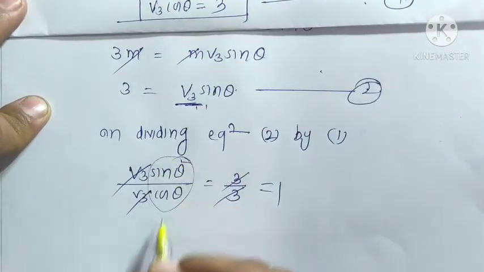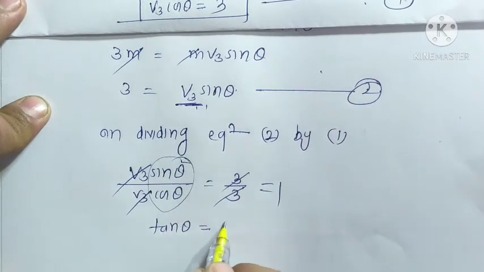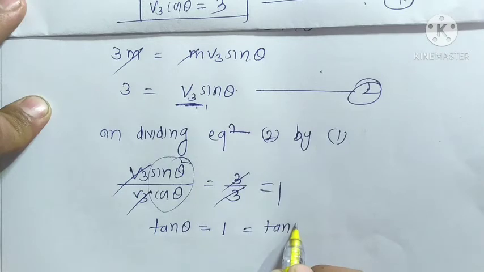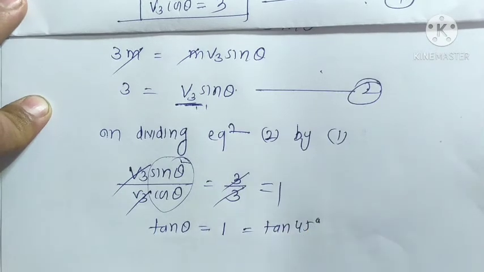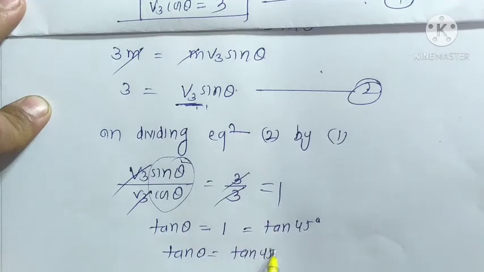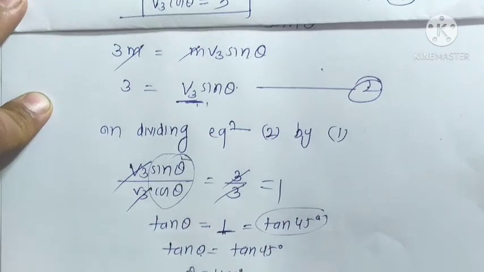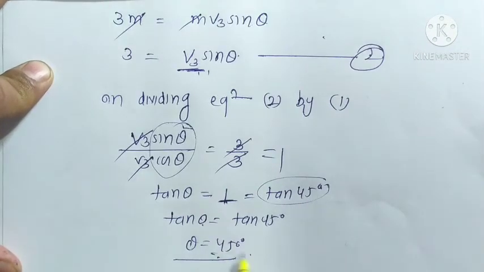So this becomes tan theta is equal to 1, and we already know that tan 45 degree is 1. So tan theta is equal to tan 45, therefore theta is equal to 45 degree.